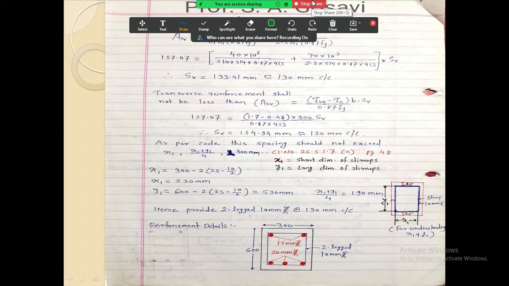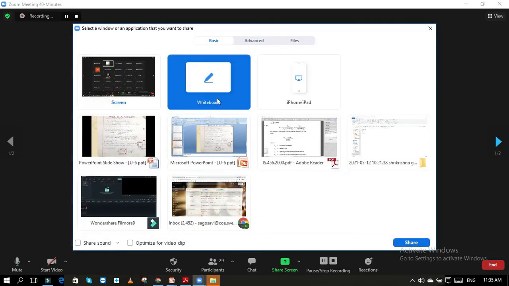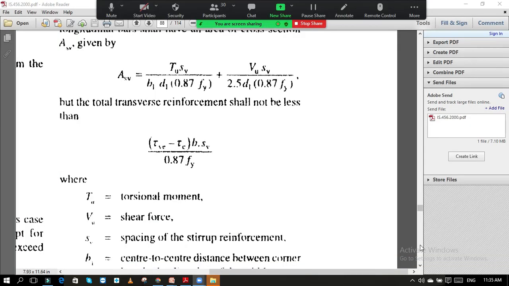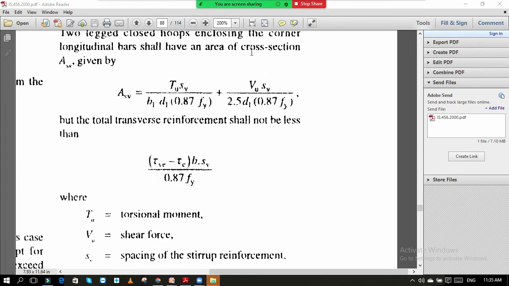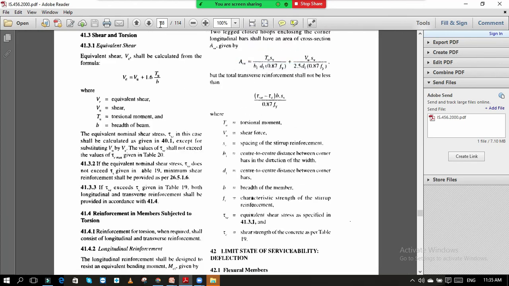Okay, so page number 48 in IS 456 2000. So we will come out of this zoom first. Let us do it 100. Okay, so we have to go to page number 48.